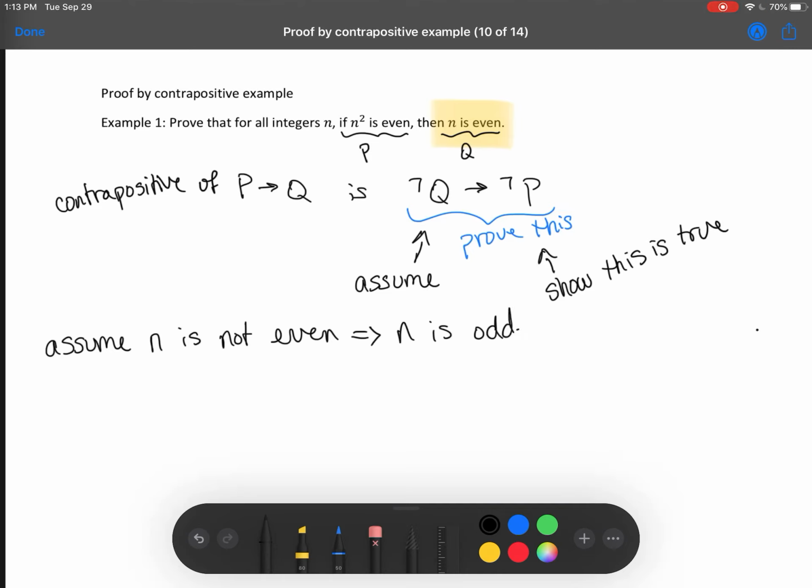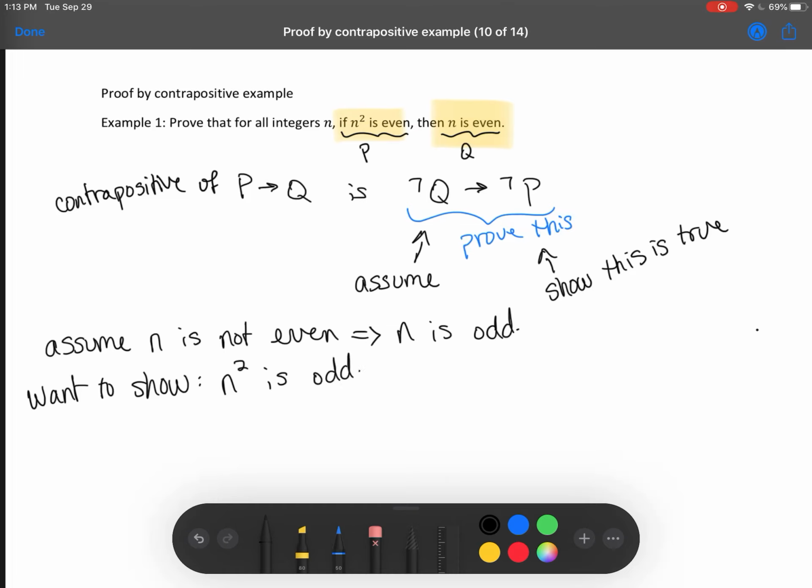And what we want to show is the negation of P, so the negation of that would be that n squared is not even, or that n squared is odd.